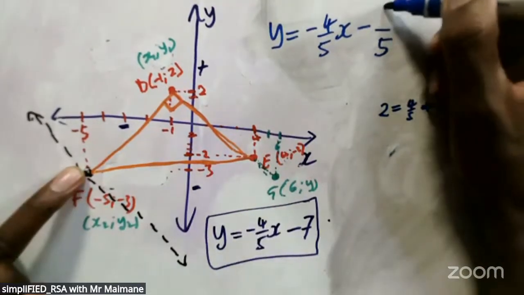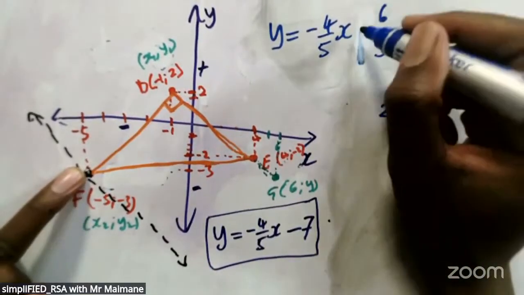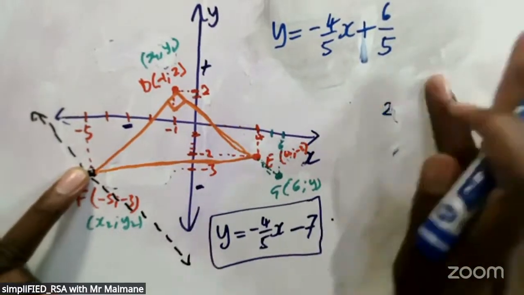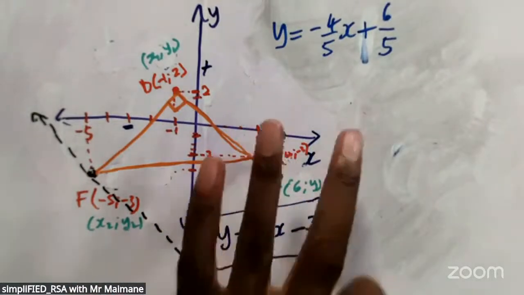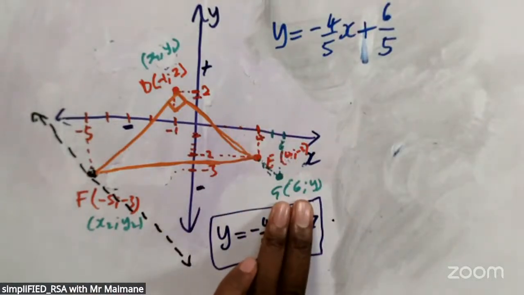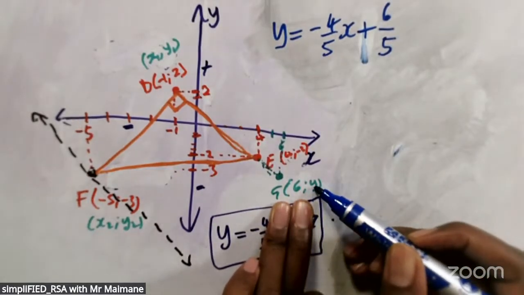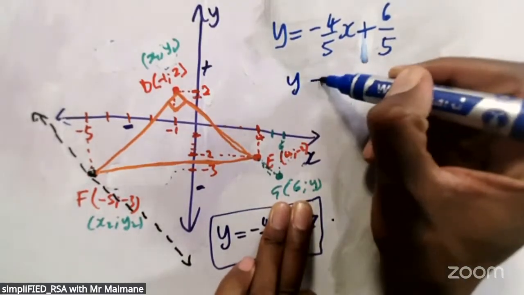Yeah, it was 6 over 4. It was 6 over 5, I mean. So from here, to get G, it's not that hectic.